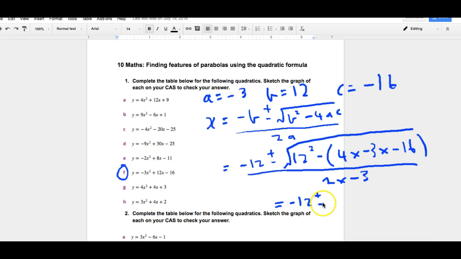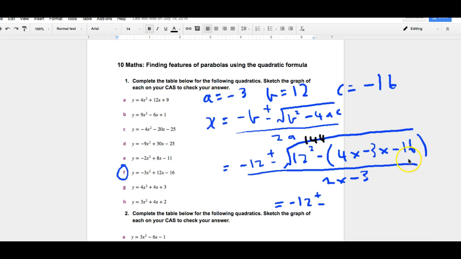Okay, so negative 12 plus or minus. All right, let's change the color. 12 squared, I know what that is, 144. Okay, all right. 4 times 3, 12, let's work out the easiest way to do this. 4 times 16, I think that's a mistake I made last time.